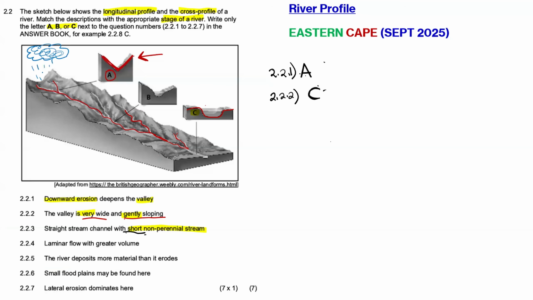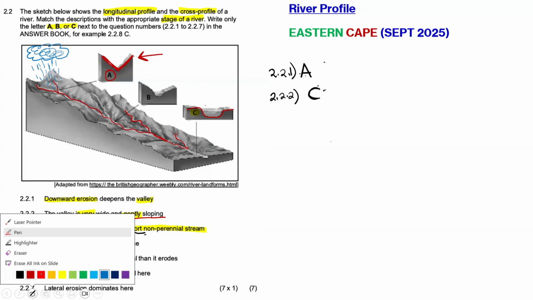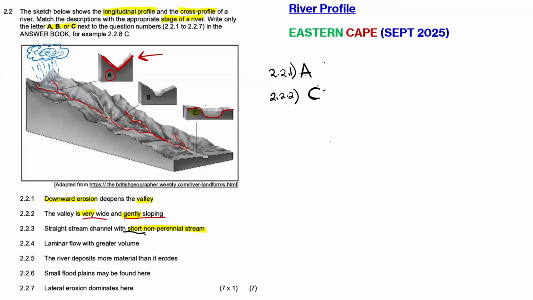So let's just say the rain is actually raining on this side of the mountain. The moment it rains, the water will run off from this place immediately, and it will create those first order streams. Those first order streams will join together, those short first order tributaries, and then they will quickly join each other to make longer ones. At the middle course, we now have longer tributaries joining in.